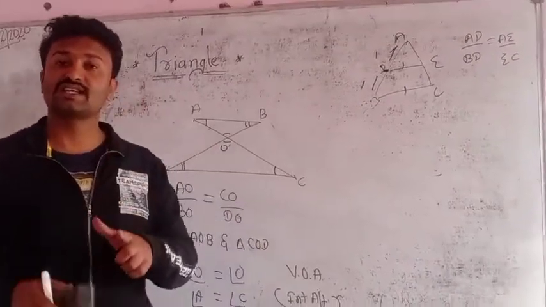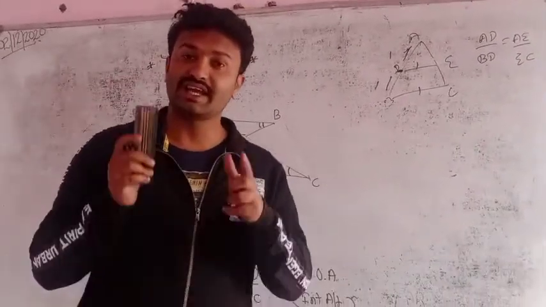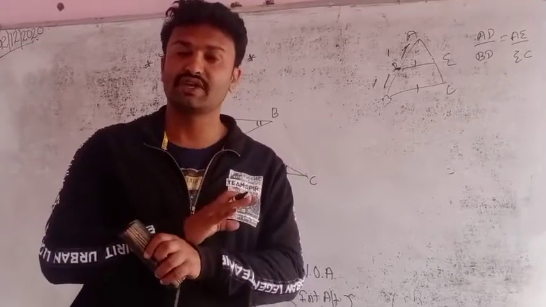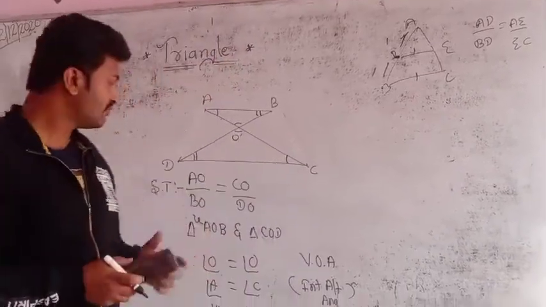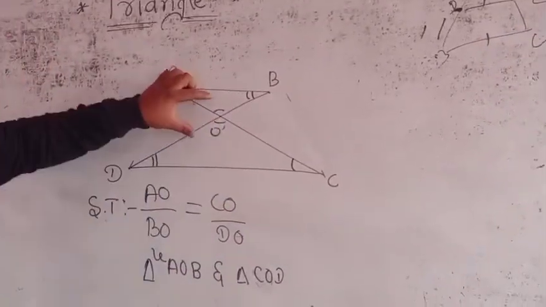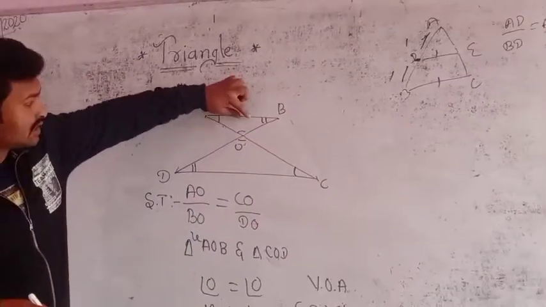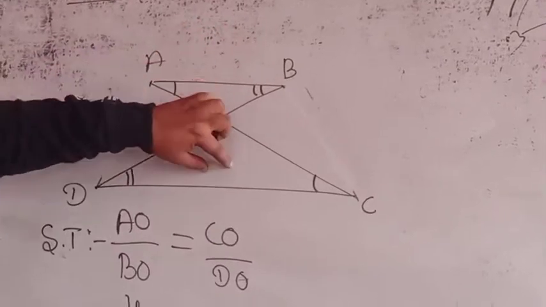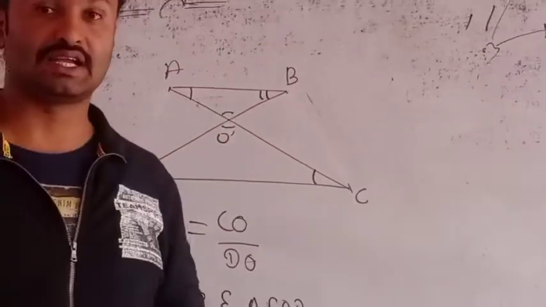If two triangles are similar, then only we can write the ratio. Otherwise, we cannot write the ratio. I have to show this one, right? We came to the conclusion that this triangle and this triangle are similar.